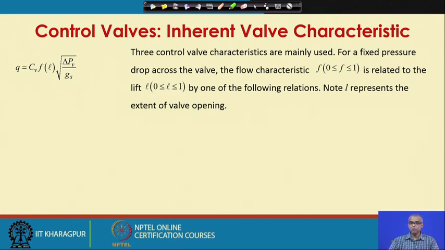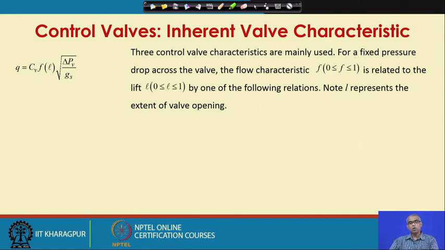Then such valve characteristics are known as inherent valve characteristics. Now, if these valve characteristics are considered when the control valve is used along with other flow pipes and equipment etc., they are known as installed characteristics.